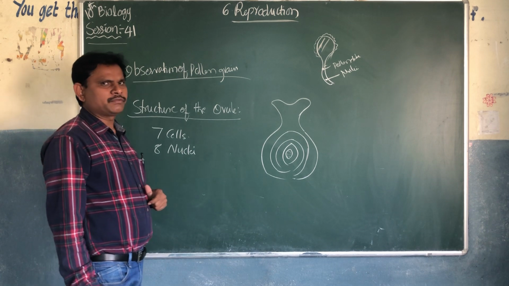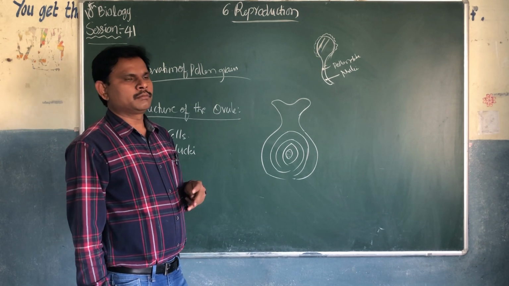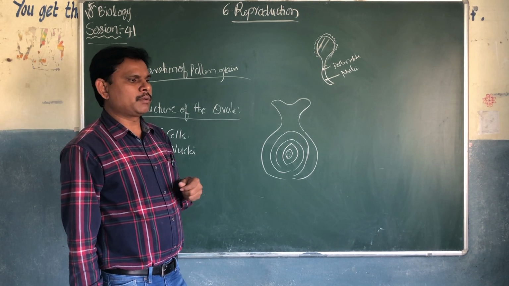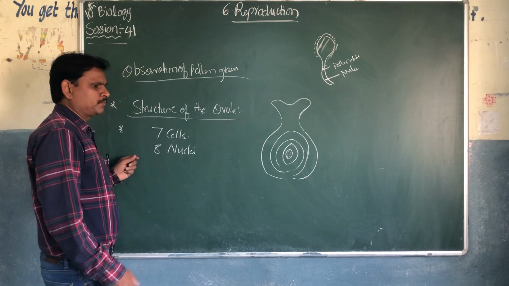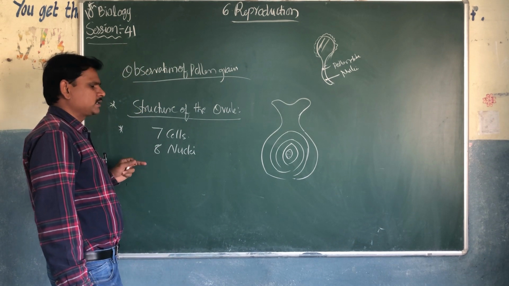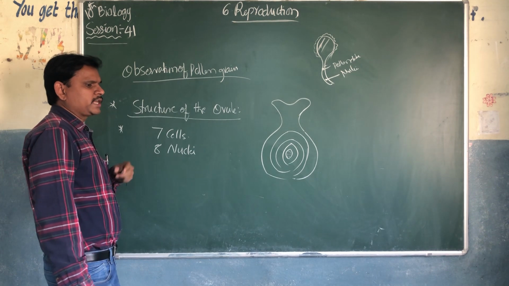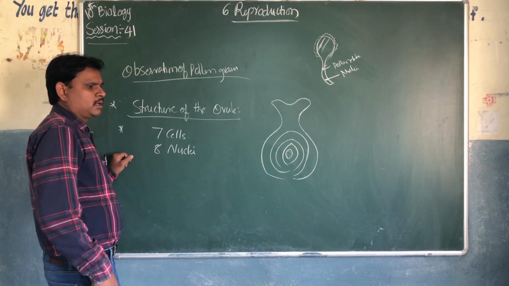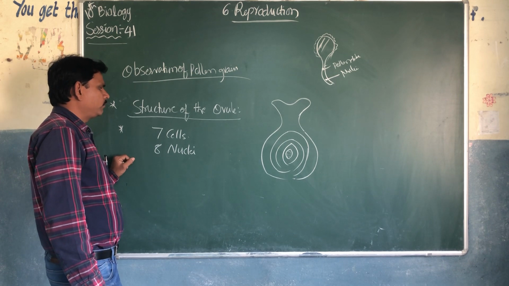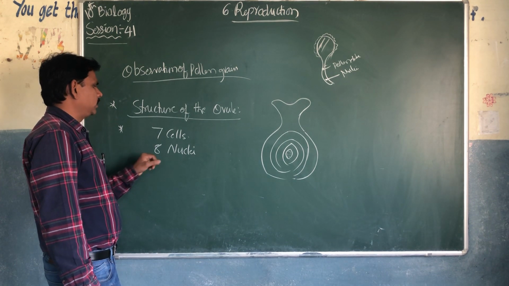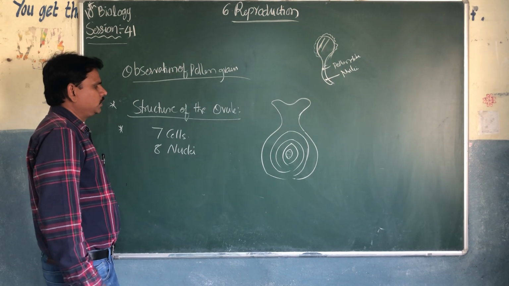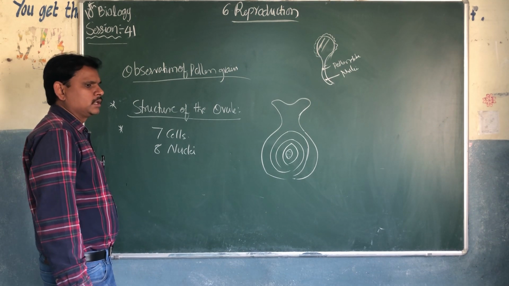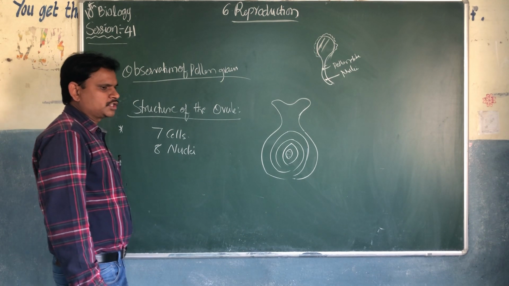By the process of mitosis, through 3 divisions, it multiplies and forms 7 cells and 8 nuclei. So the mitotic cell division takes place three times, and food materials form in these nuclei and cells.